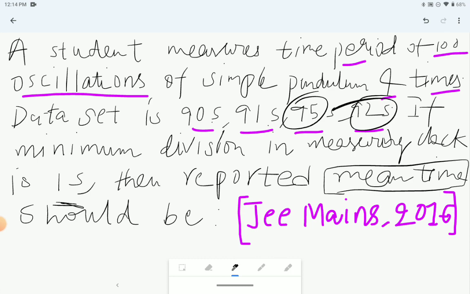Now to explain this problem, you should know the mean time.